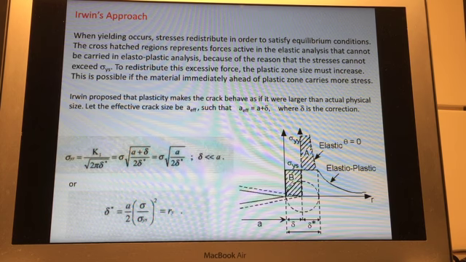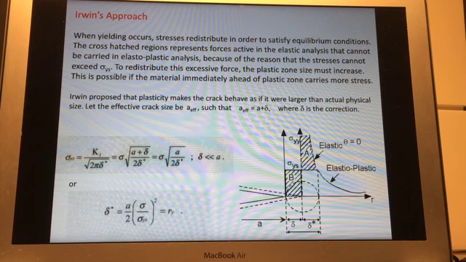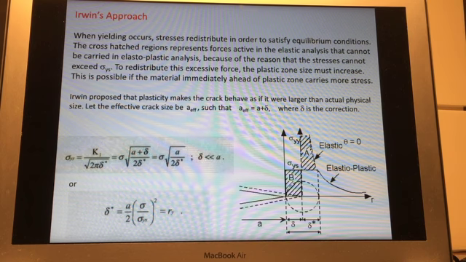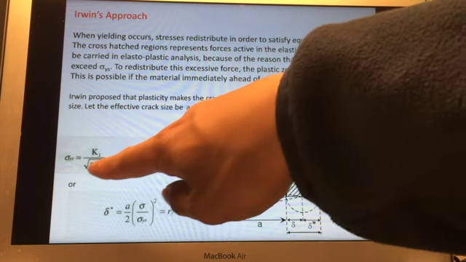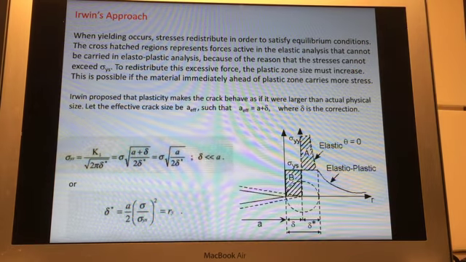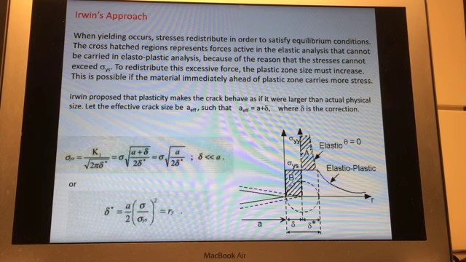So let the effective crack size be a effective, such that a effective equals a plus delta, where delta is the correction. We still use the linear elastic fracture mechanics framework, but instead of a we use a effective.